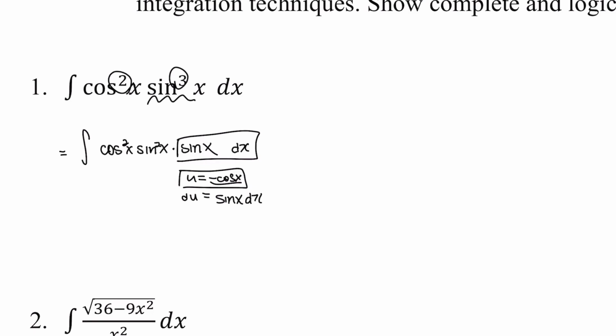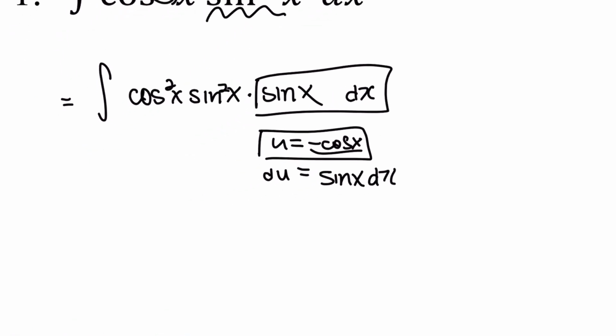So we got u as negative cosine x, and then du as sine x dx. So here, what we're going to do is cosine squared x can be represented by u squared, which would be cosine squared x. So this would be u squared.